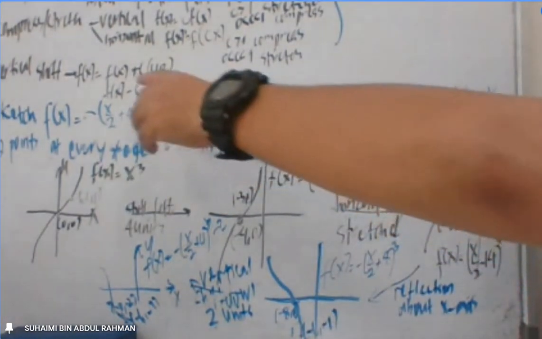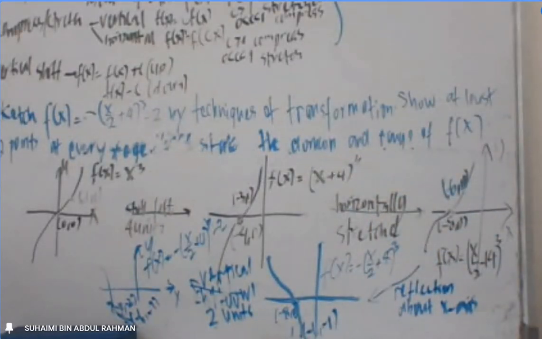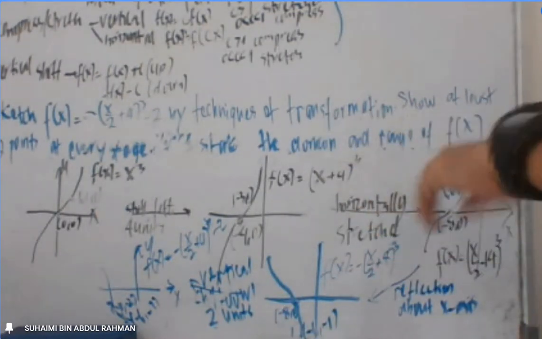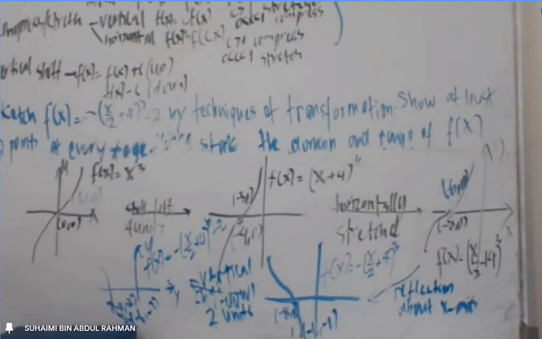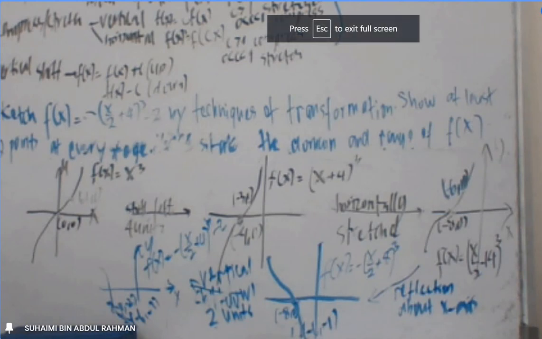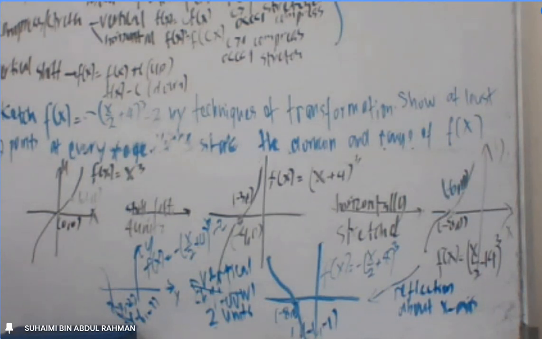Even though you can draw this graph straight, when we say sketching using techniques of transformations, you have to show one by one. Questions.